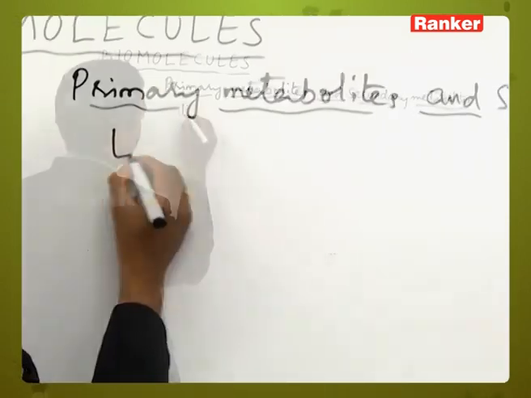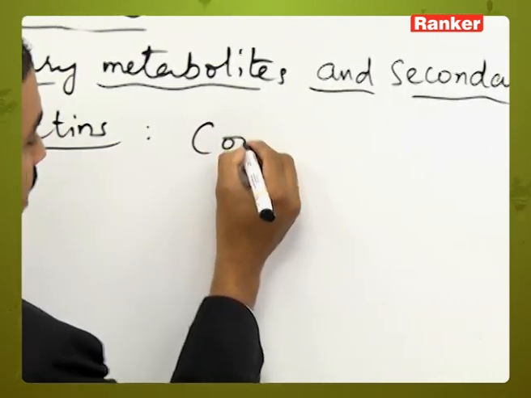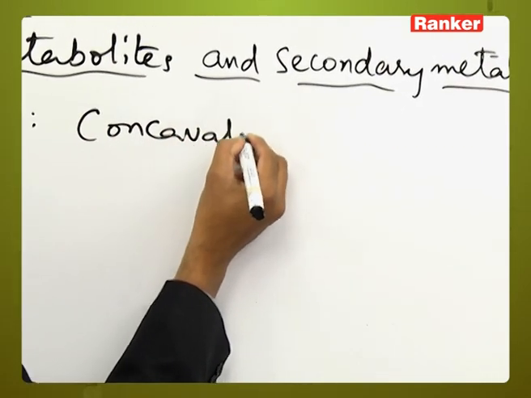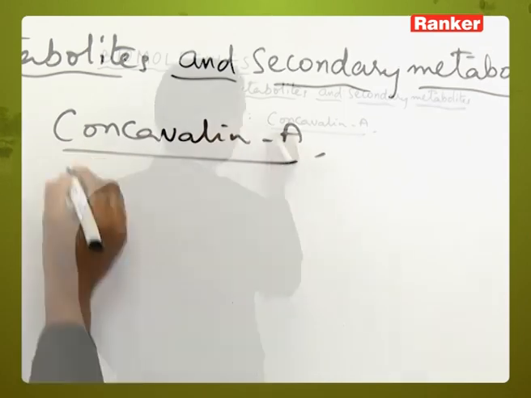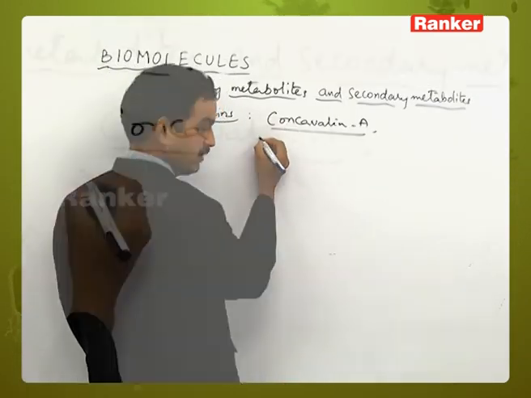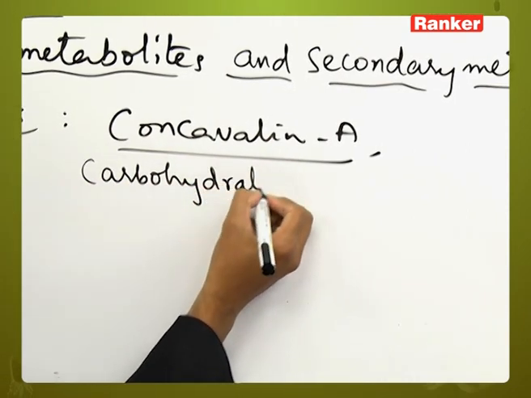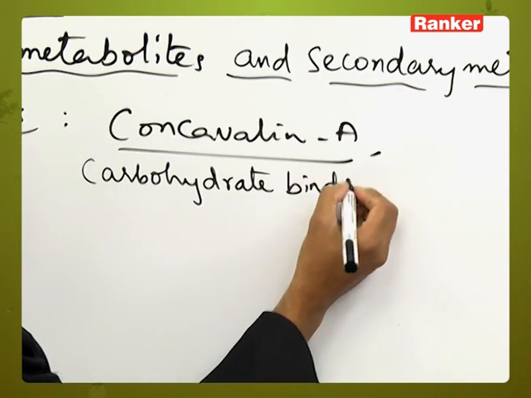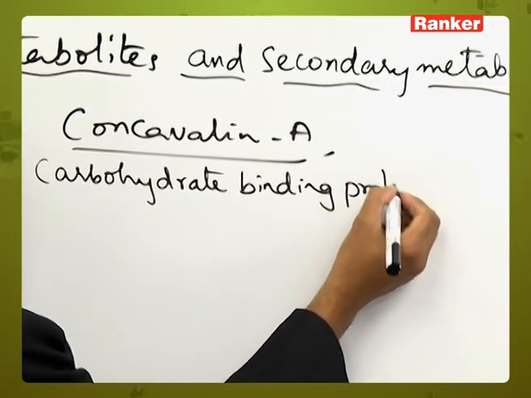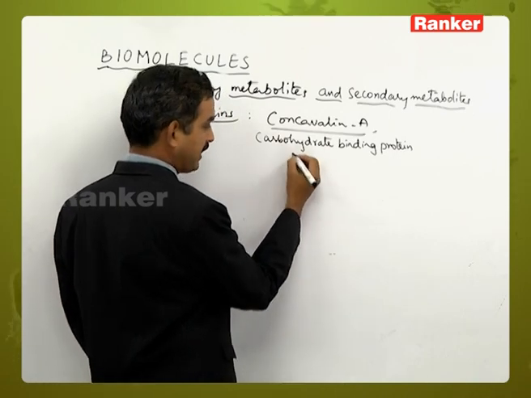Next one are lectins. Lectins like concanavalin A. This is a lectin or carbohydrate binding protein, extracted from the jack bean plant.